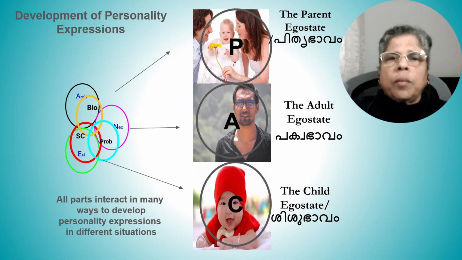So it's a complicated way in which the personality manifests. It is not easy to say that this part of the brain manifests as the child, or this part of the brain manifests as the adult. Multiple regions in the brain are involved and they interact. So this was Byrne's way of illustrating that.